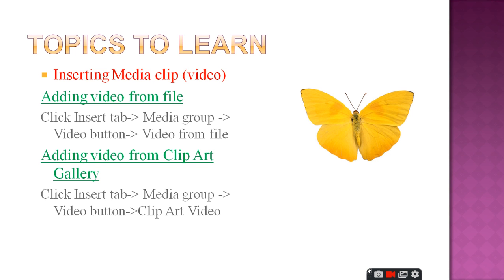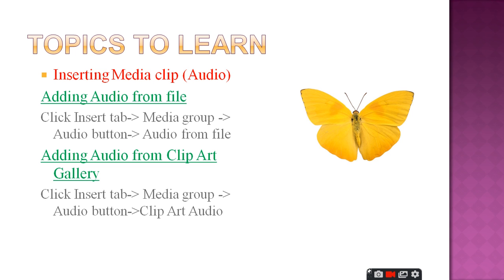From the options, you select a video from file, or sometimes we may get it from clip art also. So Insert tab, Media group, Video button. From there you click on clip art video or video from file. In the same way we can insert audio also. Instead of the Video button, you click on the Audio button. You can select from file, as well as from clip art audio.